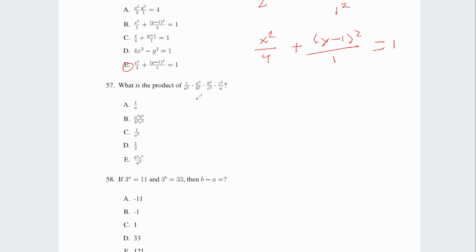And this is exactly one of those questions. You might say that what we end up with is 1 times a squared times b squared times c squared over a squared, b squared, c squared, a.